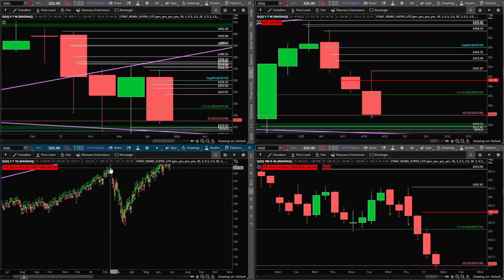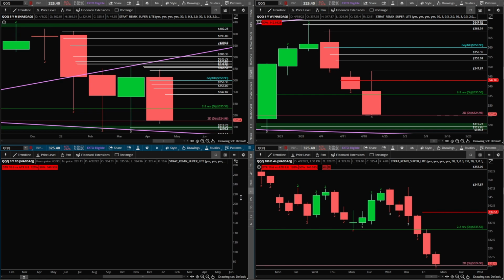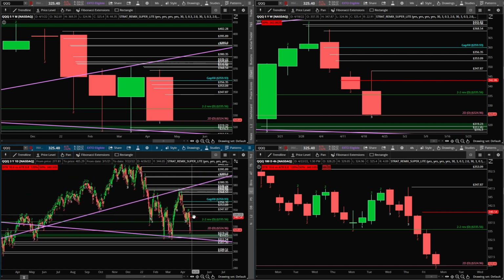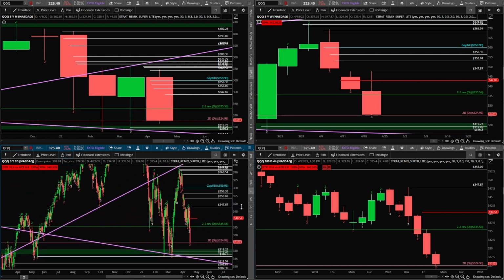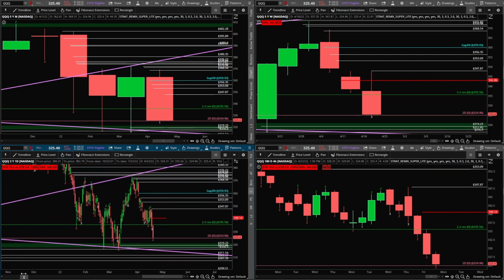And then we go from 237 down to 165. So, I mean, a bigger drop, but that was because of something. Now we're just looking at high interest rates, inflation, stuff like that, all self-inflicted wounds, basically. So here we are. Anyway, so that is QQQ.